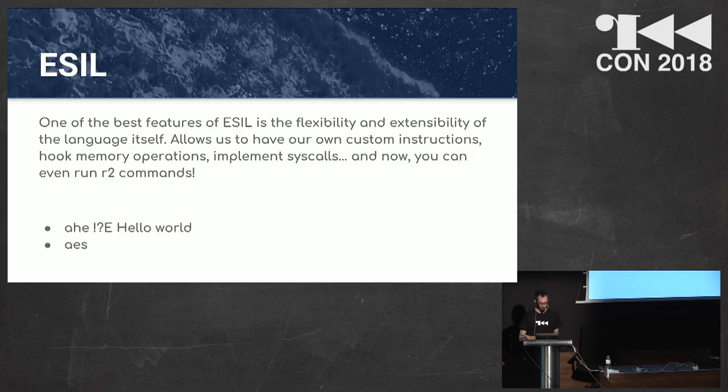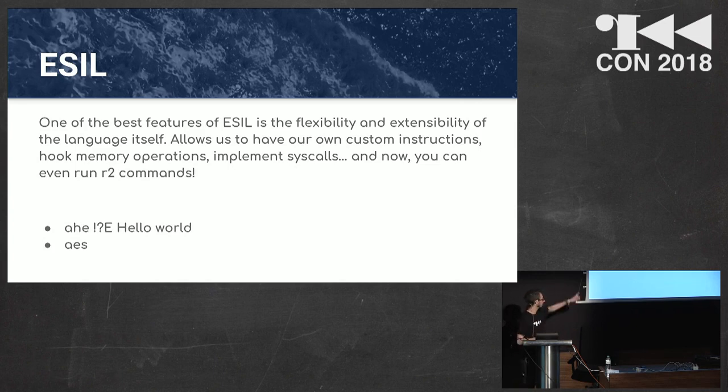So I created a very simple change inside the ESIL virtual machine, which basically implements that if an ESIL expression starts with an exclamation mark, it will be running the r2 command when the instruction is executed.